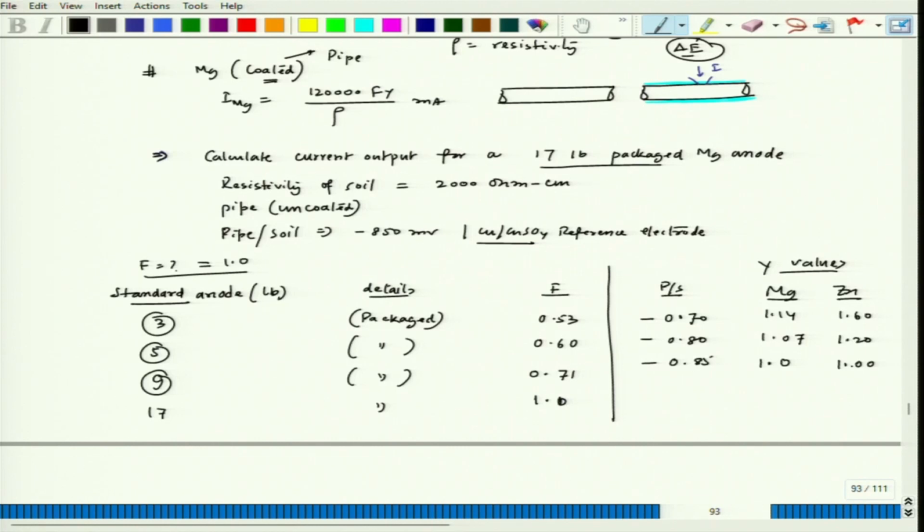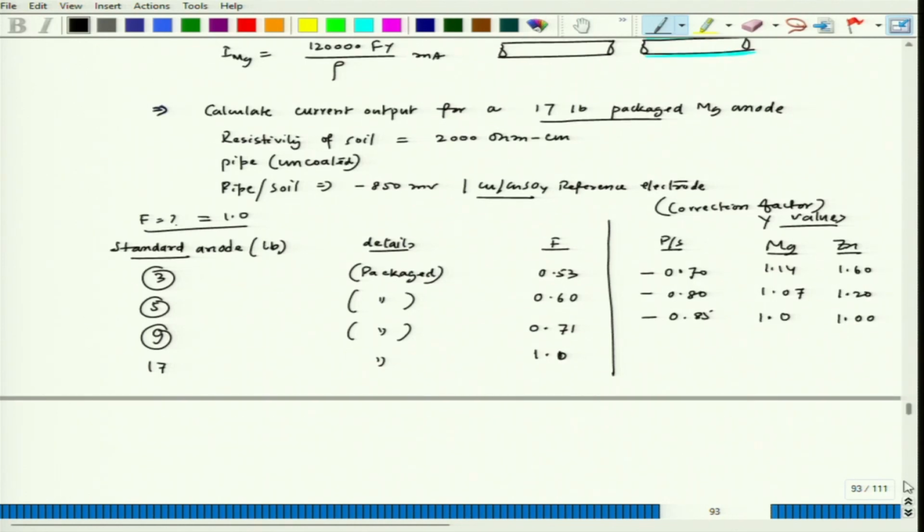Fine. So this is Y, which is a correction factor actually, and it is dependent on the resistivity of the soil and also the dimension.